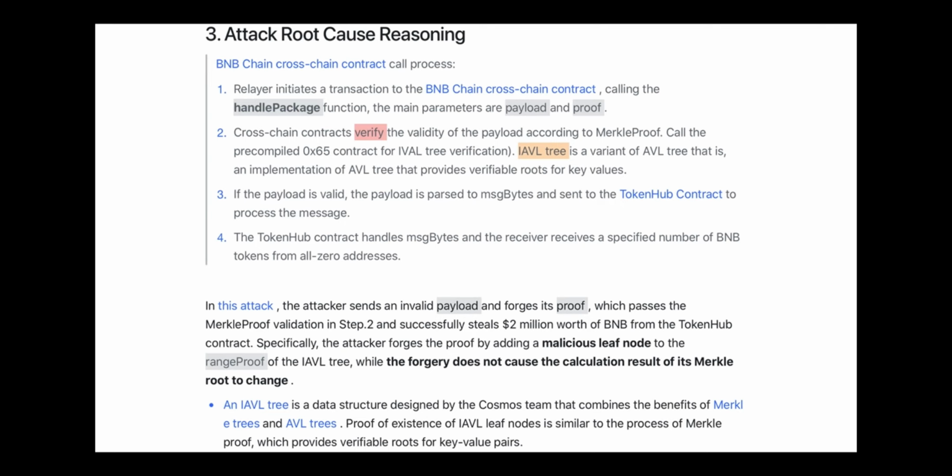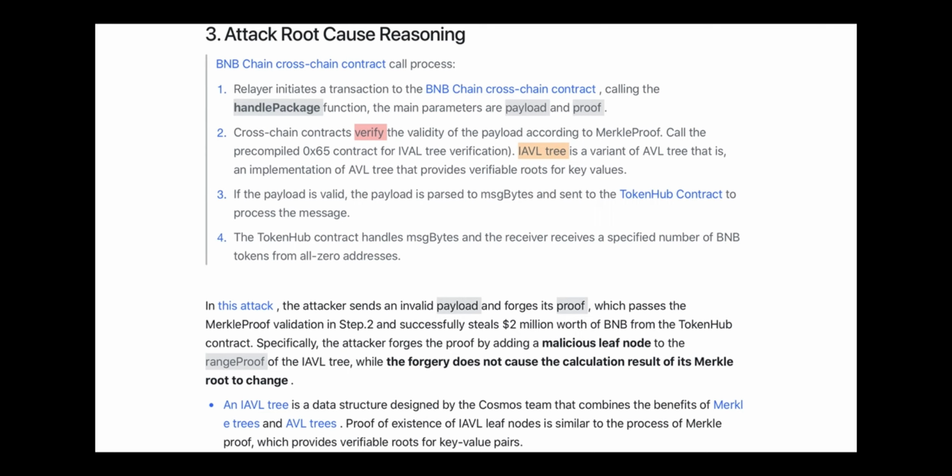And the root cause, as I mentioned before, is in some interesting cases: relayers will initiate a transaction to this BNB chain cross-chain contract. It's calling a function called handle package. The main parameters are the payload and the relevant proofs. The cross-chain contract verifies the validity of the payload according to a Merkle proof, based on the implementation of the IAVL tree verification process.